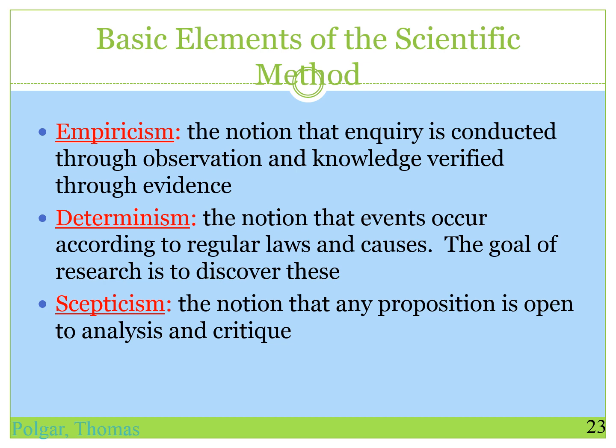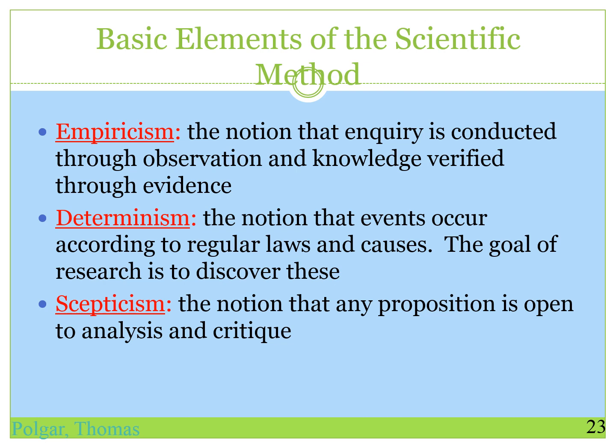So three basic elements of the scientific methods are empiricism, determinism, and skepticism. Empiricism is the notion that inquiry is conducted through observation and knowledge verified through evidence. Determinism, the notion that events occur according to regular laws and causes.